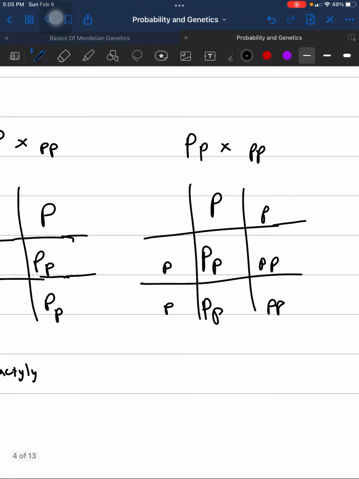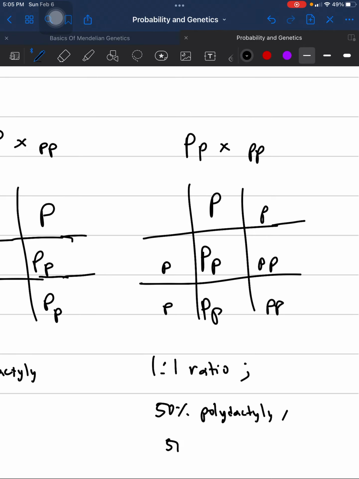So when we cross a heterozygote times a homozygous recessive, we get a 1-to-1 ratio, and 50% are polydactyly, and 50% are normal.